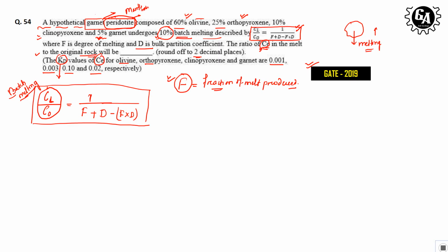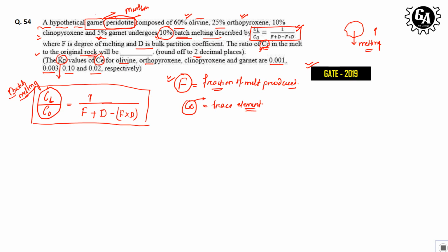In this case, this cerium is actually a trace element. Now this trace element can be accommodated in olivine, OPX, CPX as well as garnet.